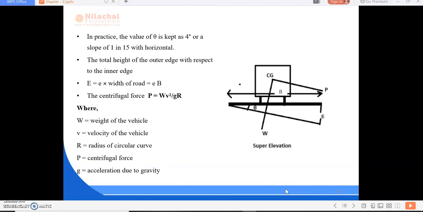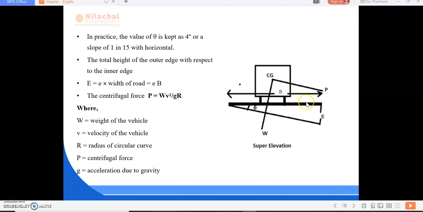In practice, the value of phi is kept as 4 degrees, or a slope of 1 in 15 with the horizontal. The total height of the outer edge with respect to the inner edge is small e equals E into B, where B is the width of the road.